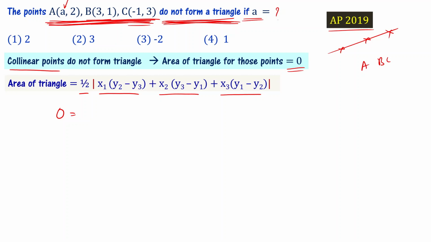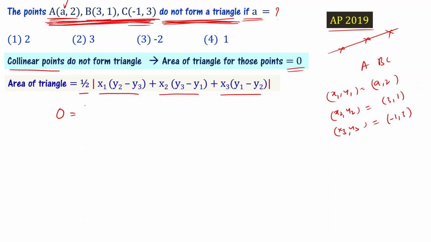సో లెట్స్ రైట్ what are the values of x1 comma y1, x2 comma y2 and x3 comma y3. Let me say that x1 comma y1 is a comma 2, x2 comma y2 is 3 comma 1 and x3 comma y3 is minus 1 comma 3.